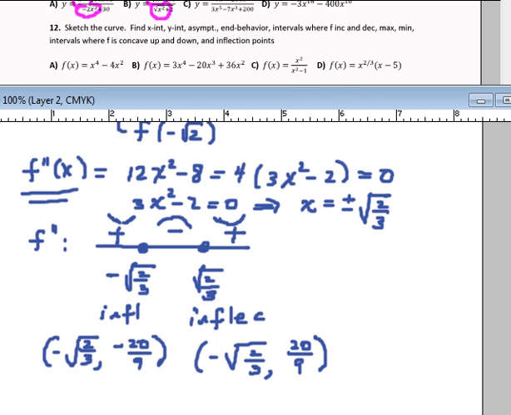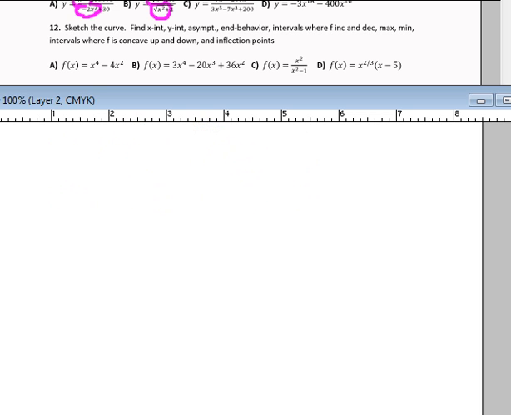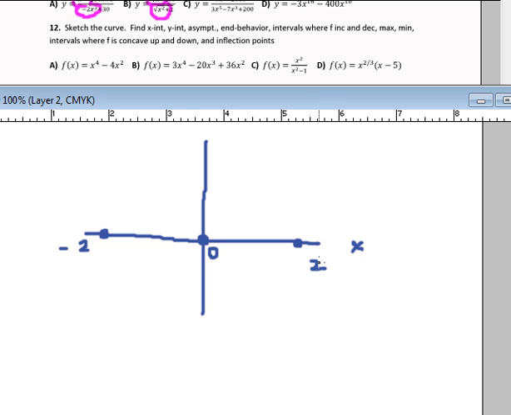So now we can put that information together. And here's what we have. We had 0 as an x-intercept. This is the x-axis, and so 2 and minus 2. Those are all intercepts. And now let's put in the max-min.